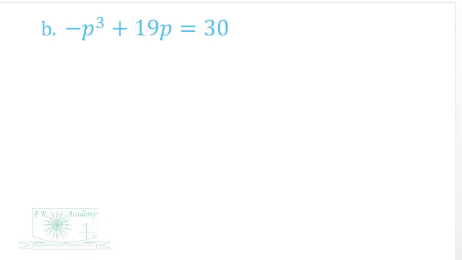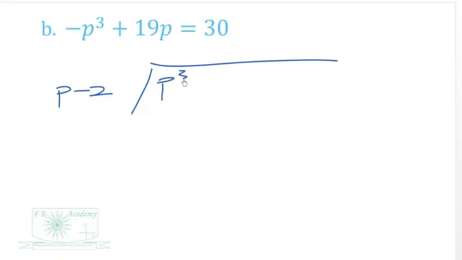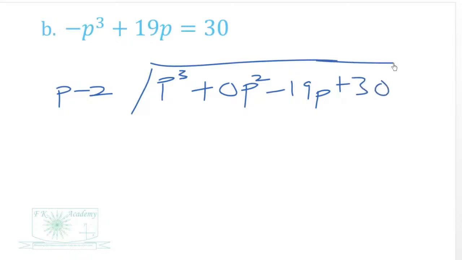Since p minus 2 is a factor, we can use it to divide the polynomial f of p, which is p cubed plus 0p squared minus 19p plus 30. So we divide p cubed by p, that will give us p squared.